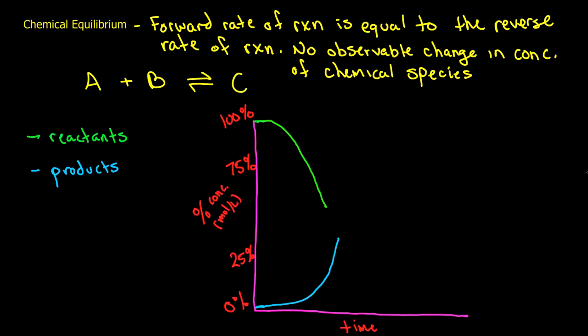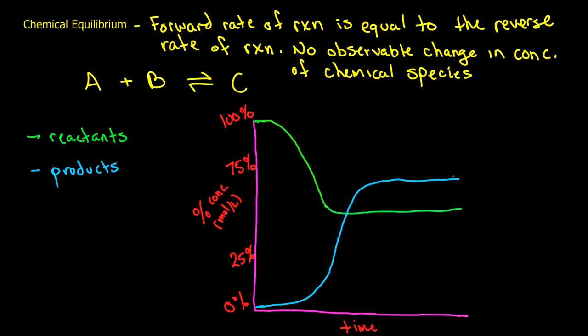But this particular reaction goes both ways. Reactants produce products, but at the same time, products are also producing reactants. So eventually you get to a point where the reactant concentration levels out and goes flat. You're not seeing any observable change in the amount of reactants. Same goes for the products. Eventually the product concentration also levels out, and now that concentration is no longer changing either.